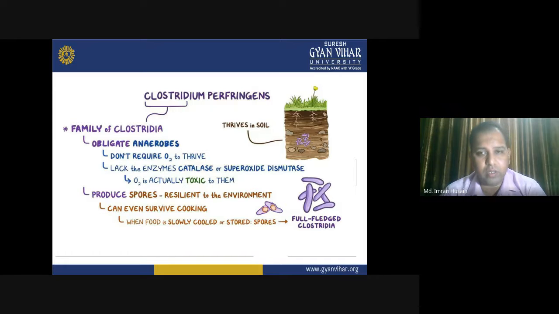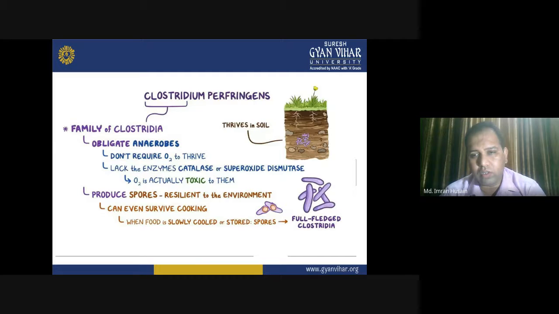So if they come into contact with oxygen, it would prove to be really lethal for them. Produces spores that are resilient to the environment, can even survive cooking when food is slowly cooled or stored.